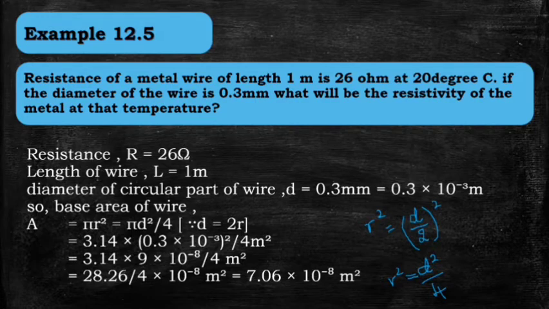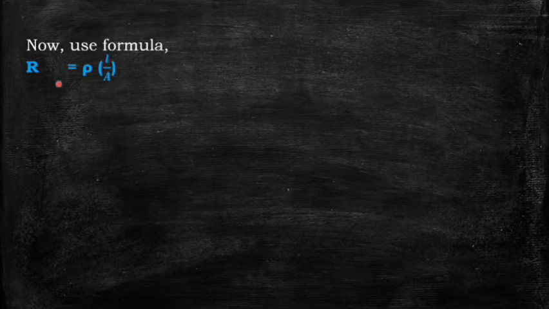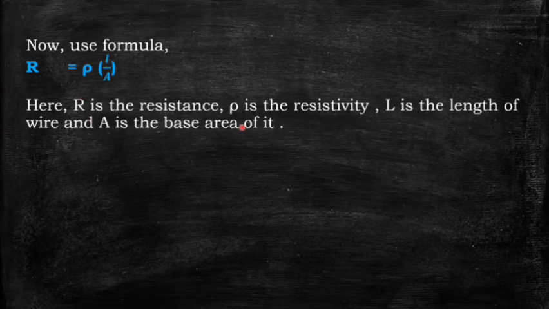Then we must find the resistivity, that is rho. We use the formula R is equal to rho multiplied by L by A. Rho is the proportionality constant, that's what I told you. Rho is the resistivity, L is the length, and A is the base area.